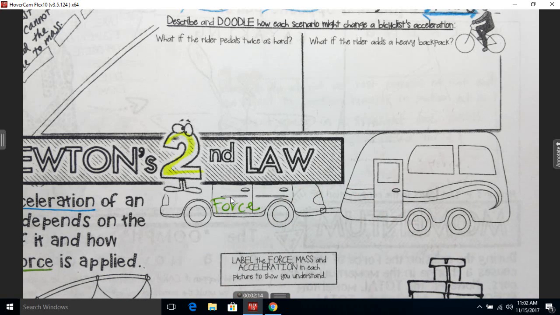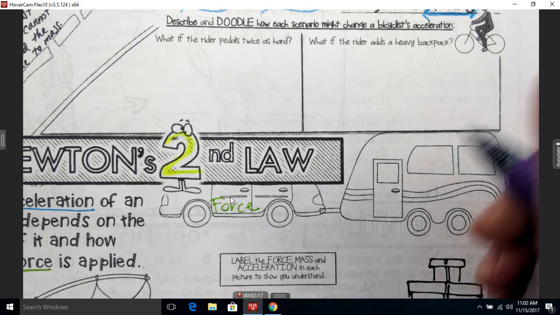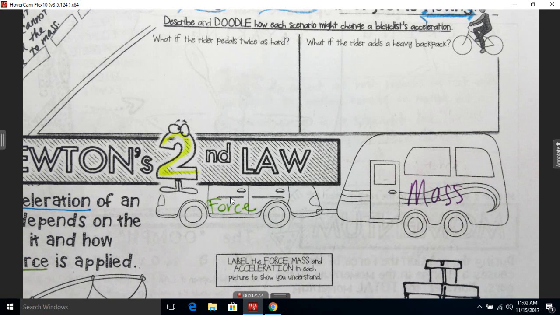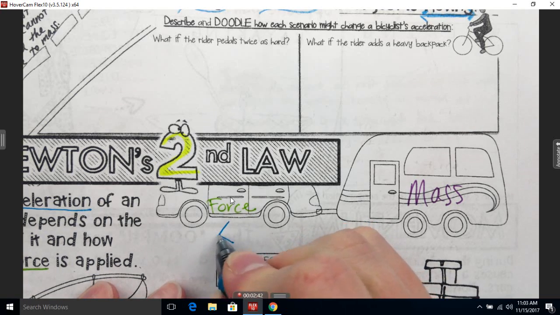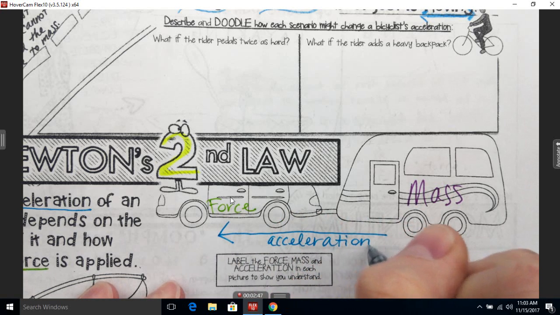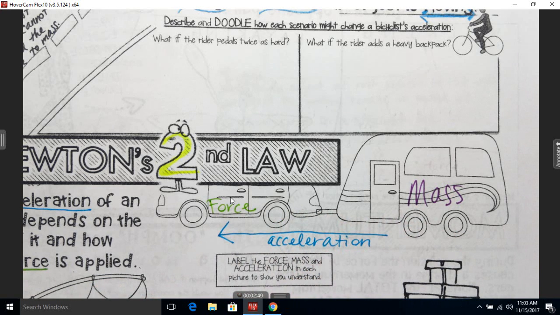What is the mass? The camper. Okay, and then what's our acceleration going to be? Which way? Does that make sense?